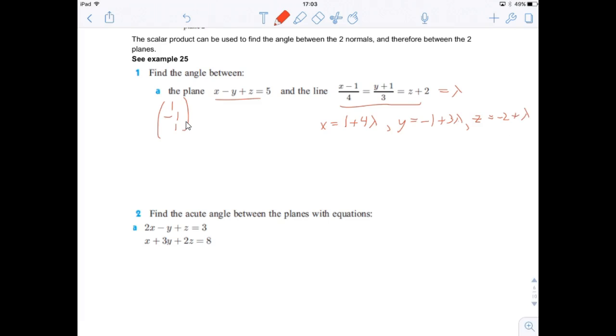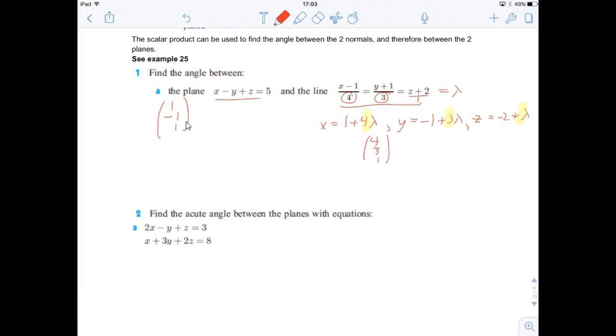So you can see that the direction vector is going to be 4, 3, 1. If you do a few of these problems you're going to see that you can get the direction vector from the denominators of the Cartesian equation. So our direction vector for this line is 4, 3, 1.